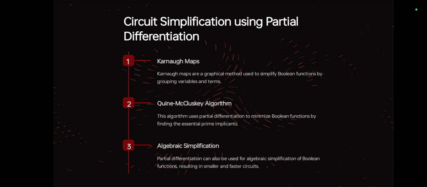Partial differentiation is typically used in calculus to find derivatives and analyze continuous functions, whereas digital circuits involve discrete logic operations. However, there are other techniques like Boolean algebra, Karnaugh maps, and the Quine-McCluskey method that are commonly used for circuit simplification. These methods can help simplify complex circuits and optimize their design.